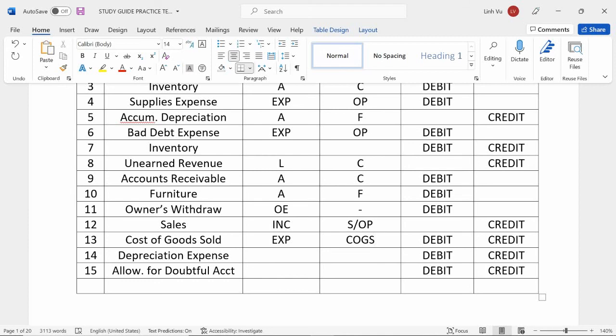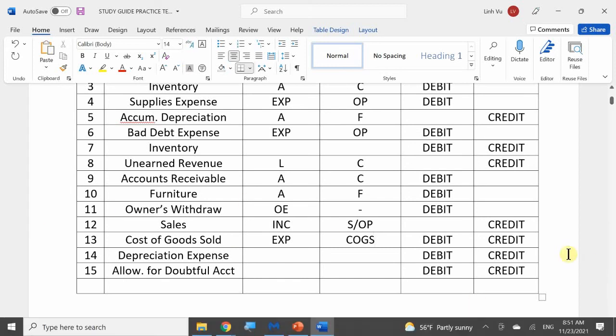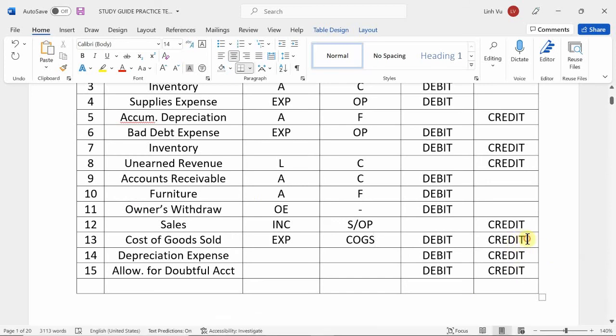So this is us getting rid of our inventory because we sold it through our income. All right, and then what kind of balance would this have? Debit.